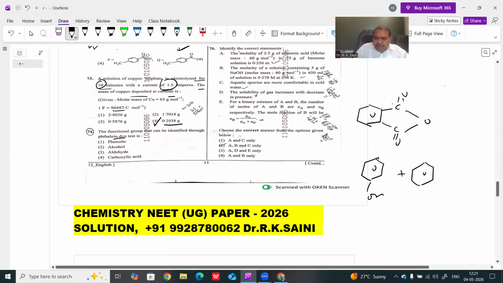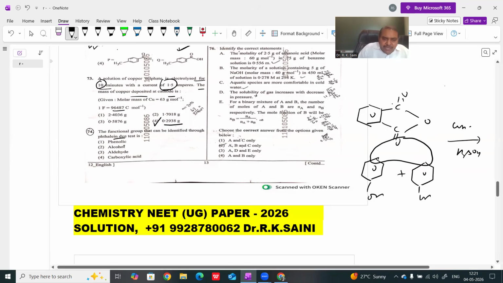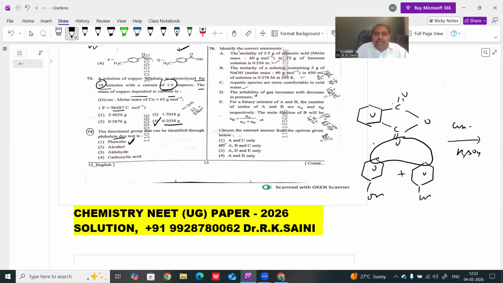When the reaction is carried out in the presence of concentrated H2SO4, elimination of water takes place. During the formation of water, the H proton from the para position and oxygen of phthalic anhydride are lost, and the product is known as phenolphthalein. This is the test of the phenolic group, and the reaction is known as the phthalein reaction.